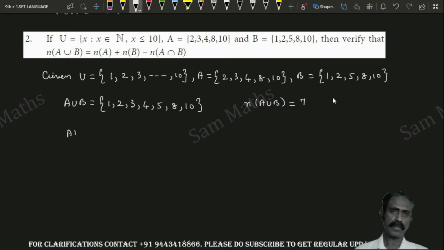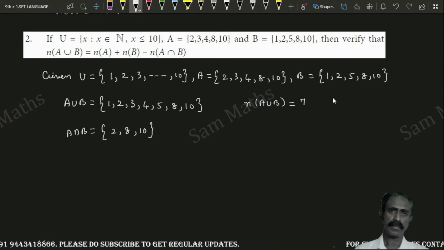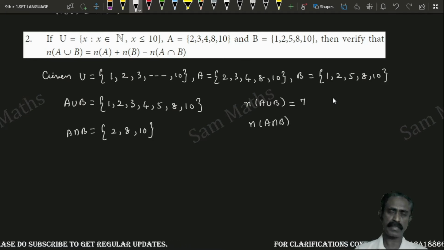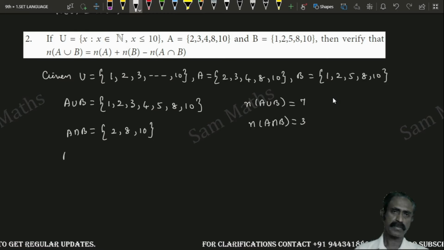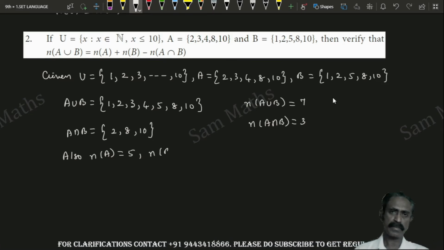Then A intersection B is equal to the common elements 2, 8 and 10. Therefore, n of A intersection B is equal to 3. Also, n of A is equal to 5, n of B is equal to 5.